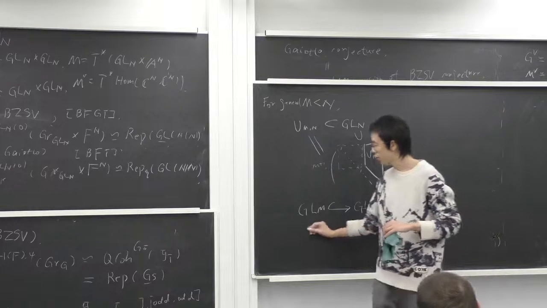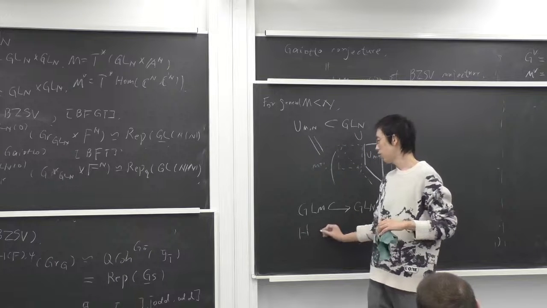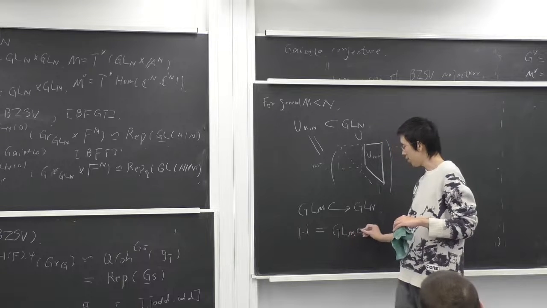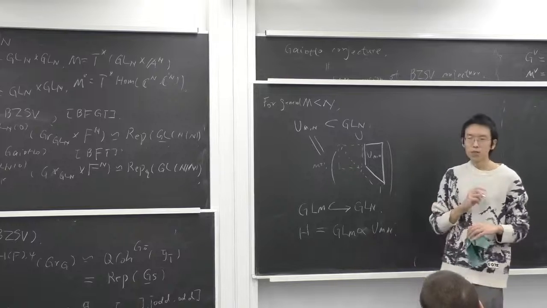In particular, you can form a subgroup H of GL(n), which is by definition GL(m) semi-direct product with U_{mn}.